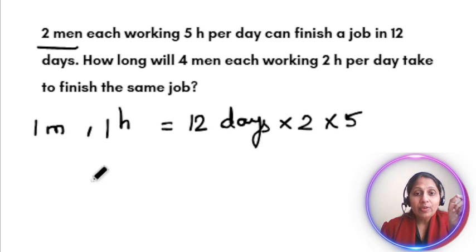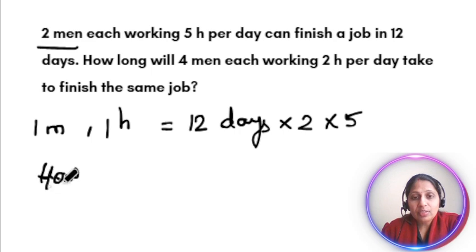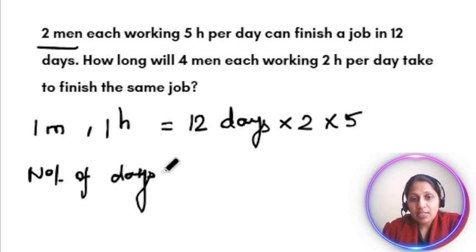Okay. Now we want to find for 4 men doing 2 hours per day. So 4 men, how many days will it take? Or you can write it as number of days taken by 4 men.